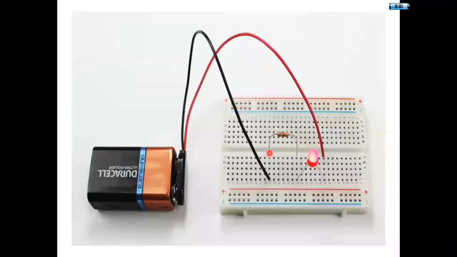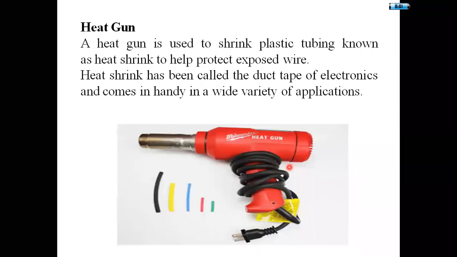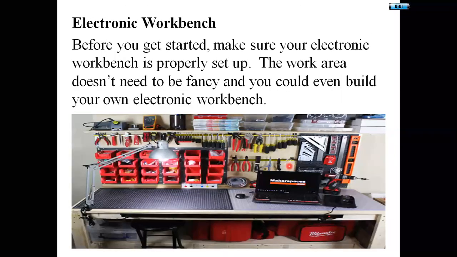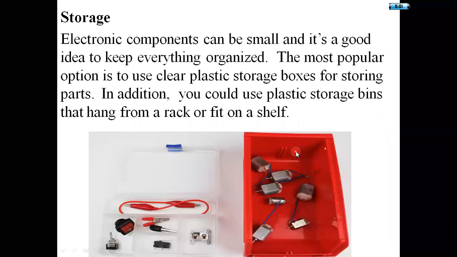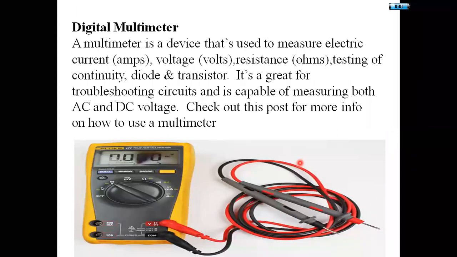This is about basic electronic components. First we will see again what we have covered. First one is the workbench. Next one is storage, how we are going to store. Next, what are the different tools? Breadboard, we have seen the breadboard horizontal and vertical connection. Next one is digital multimeter.